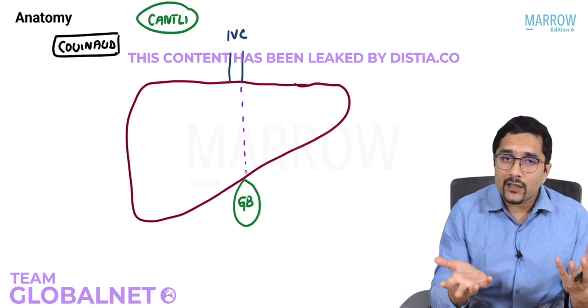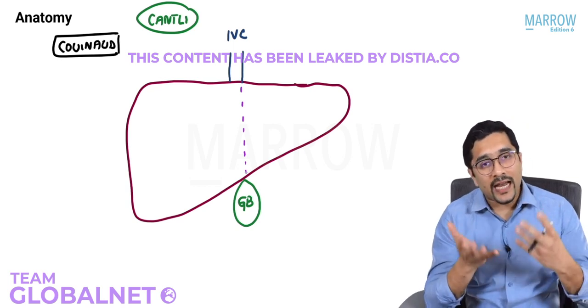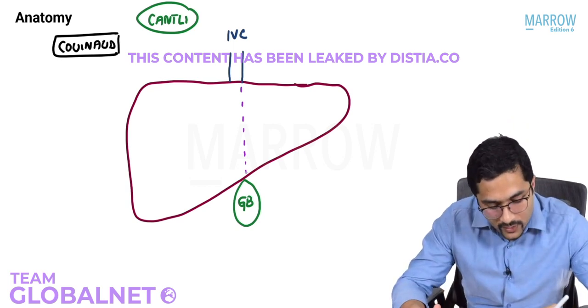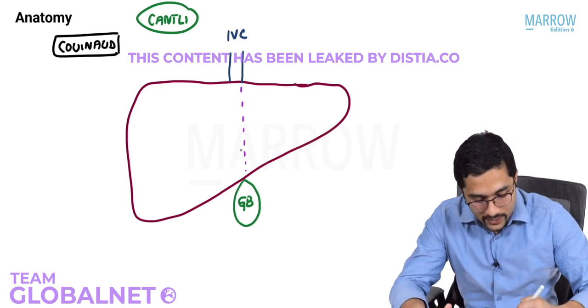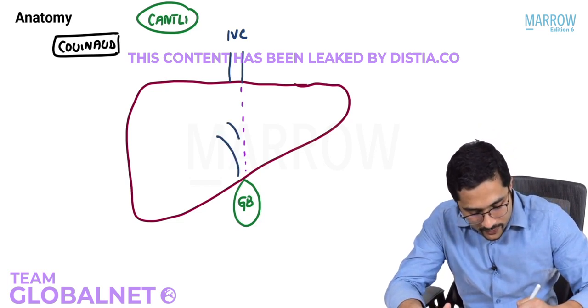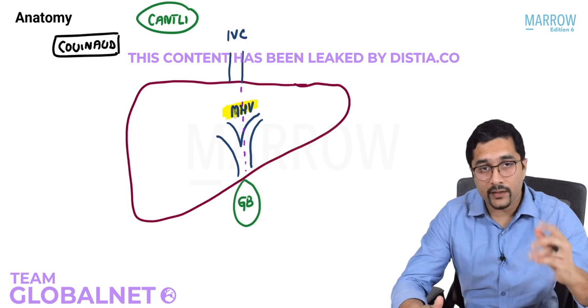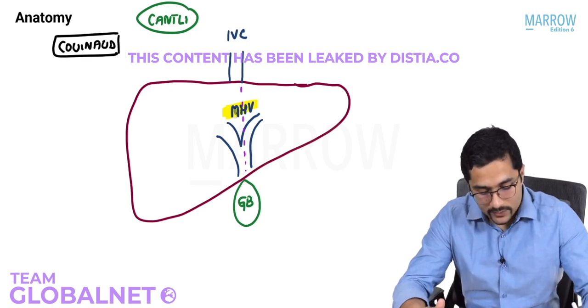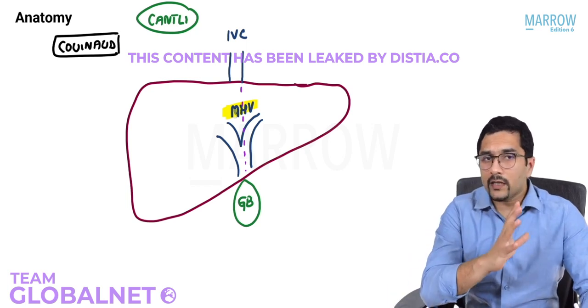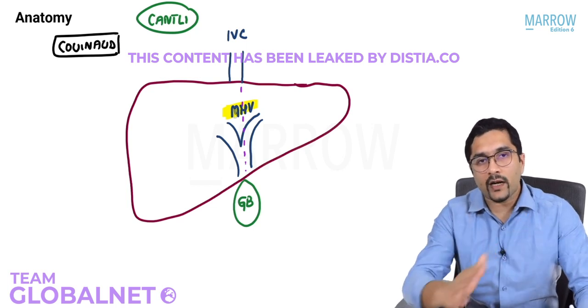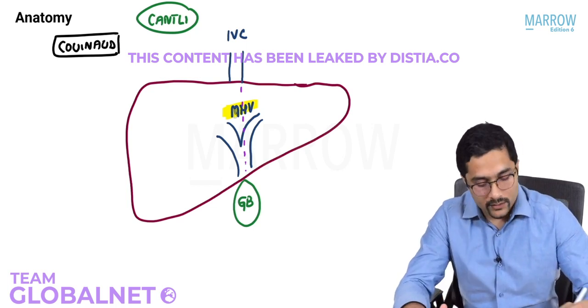But this is an imaginary line. What is the structure which actually lies beneath this line? The structure which lies beneath this line is the middle hepatic vein. So this is the middle hepatic vein which lies beneath this line, and it divides the liver into left and right hemilivers.